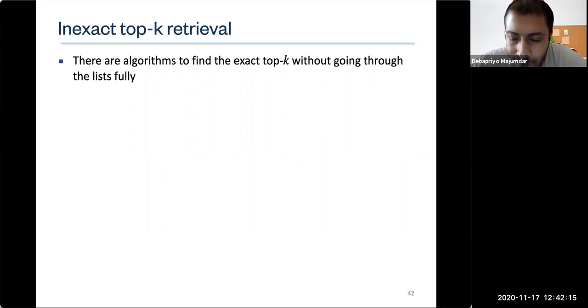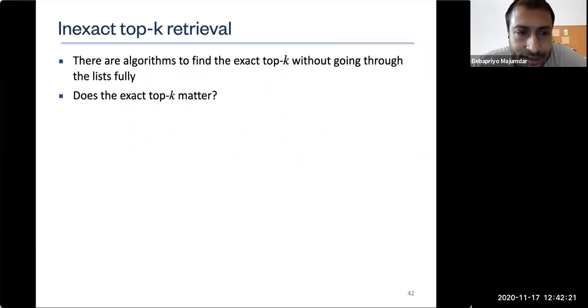However, that's also a somewhat involved topic. We'll not go into that. But the main point is, does the exact top k matter? When we want to return the user the top 10 documents, we have modeled the document term relationships using some intuitive TF-IDF concept.